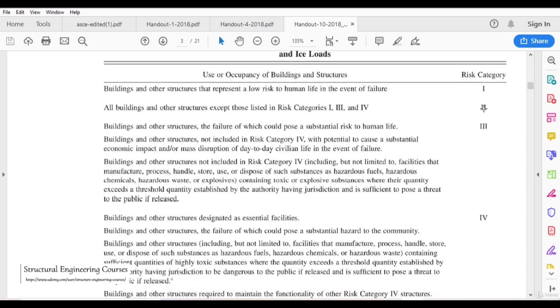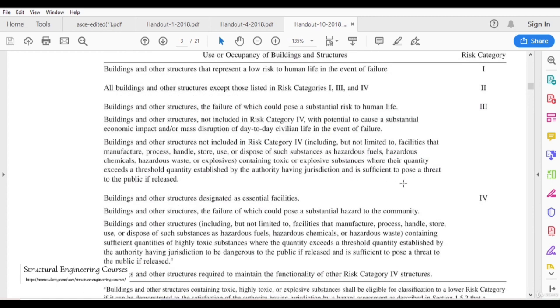For risk category 2, I shall explain later. Now for risk categories 3 and 4. For category 3, it says the failure of which would pose a substantial risk to human life, and buildings and other structures with potential to cause a substantial economic impact or mass disruption of day-to-day civilian life in the event of failure.